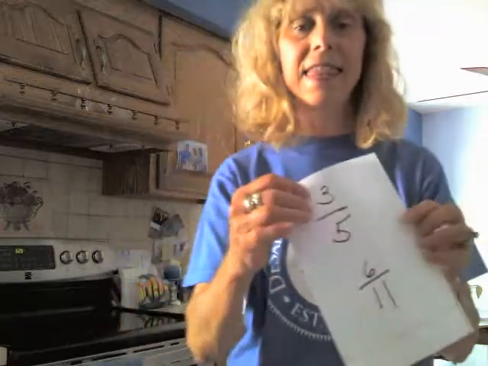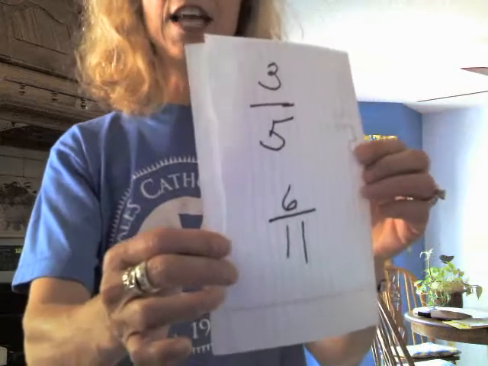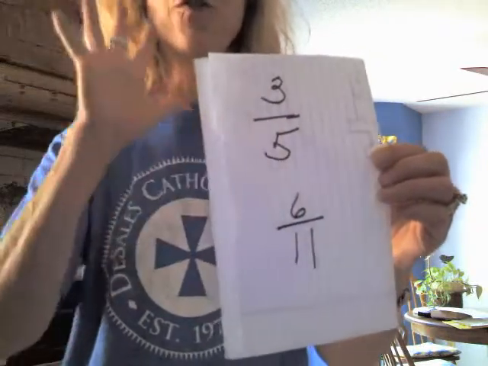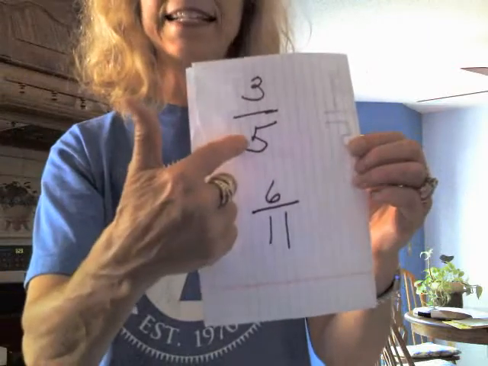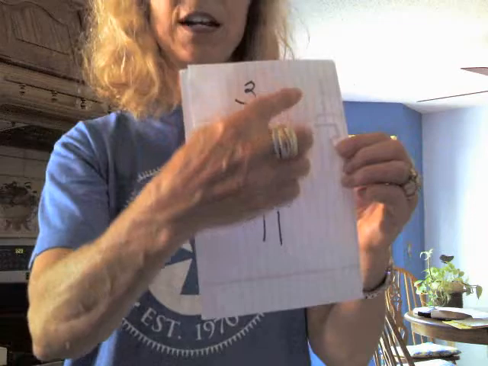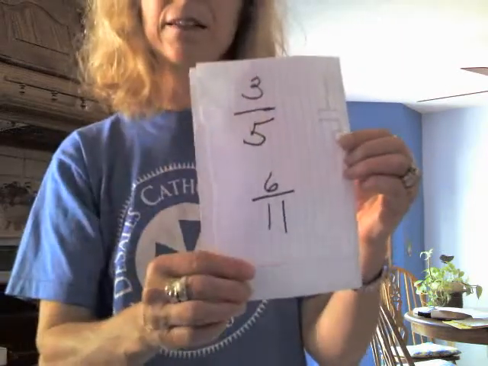So this is the numerator and denominator, which is so very important. So if I had these fractions, you could tell me, I bet, that I had something cut up into 5 pieces, because the down number, the denominator says 5, and I'm going to eat maybe 3 of them, because it says 3/5.